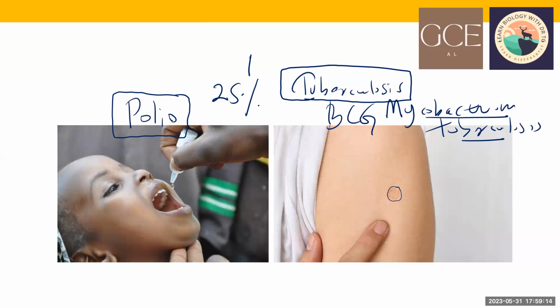And if the immune system gets weaker, then these people develop the disease. Our country at the moment is quite good because of this good vaccination program compared to certain countries. We have a certain level of protection from BCG. So BCG and polio are live attenuated vaccines.